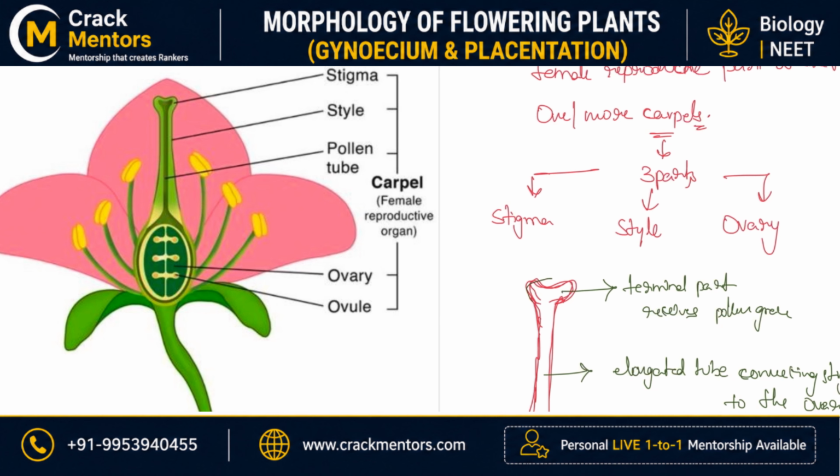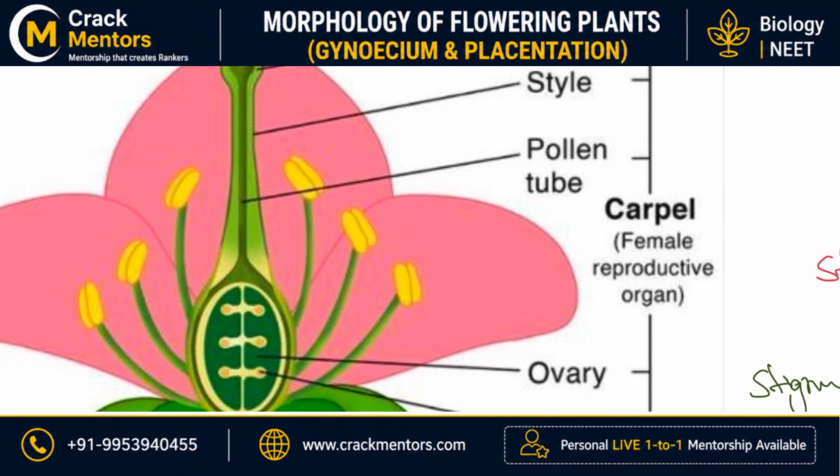This is our ovary and this is our stigma. The part that is connecting both is our style. Here is the stigma, the elongated part is our style, and the enlarged basal part is our ovary.